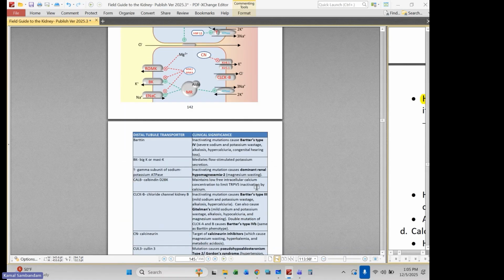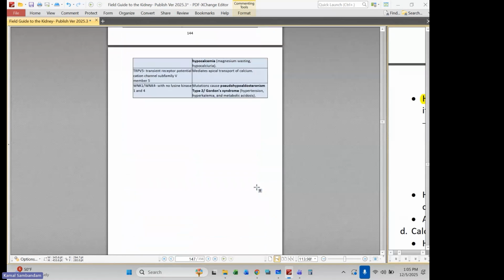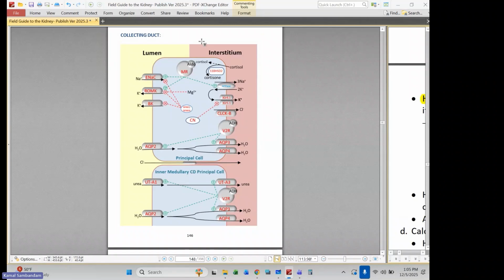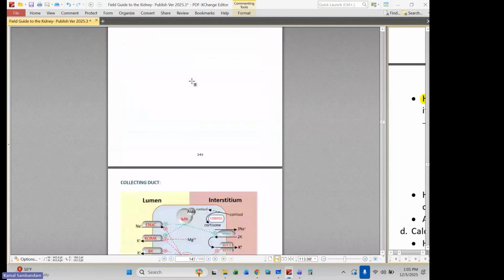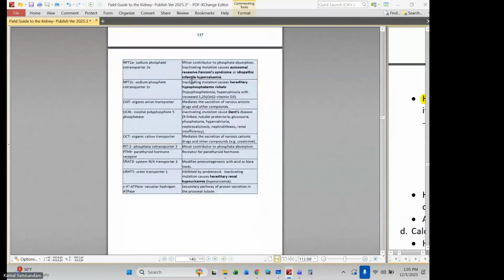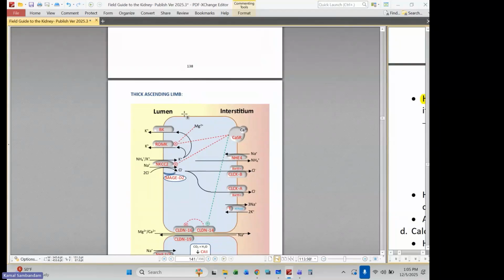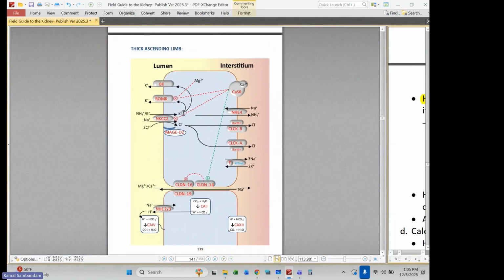Okay, so what was I saying? Yes, so essentially, remember, if I block transport in the thick ascending limb with a loop diuretic, I am going to tend to enhance calciuria. So urine calcium goes up with loop diuretics.